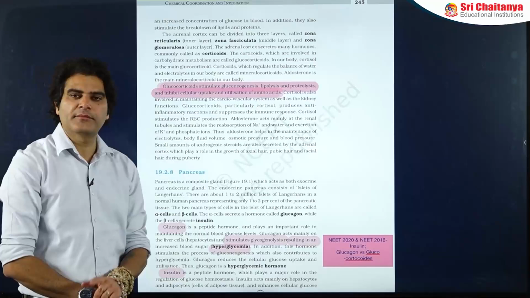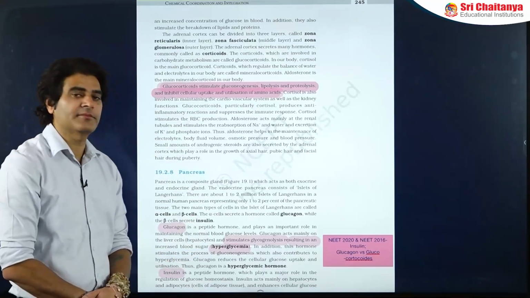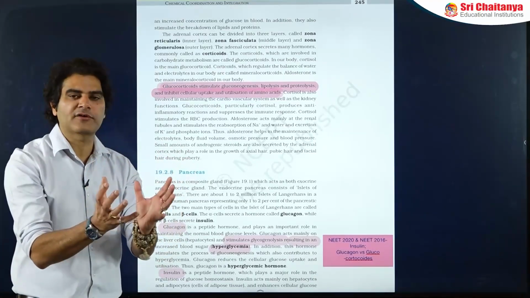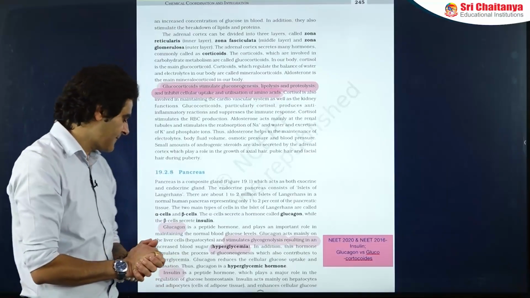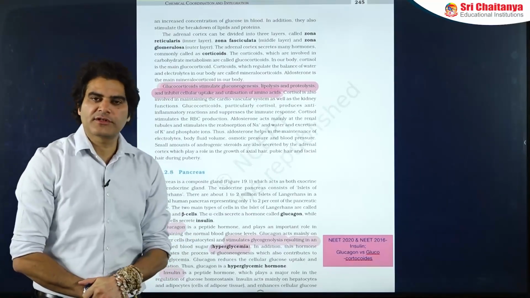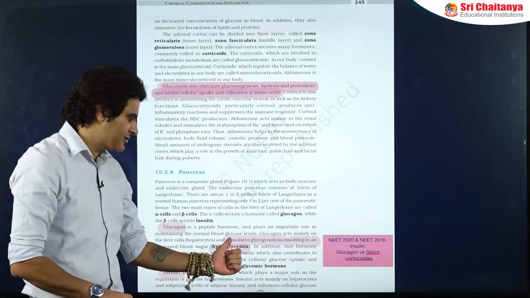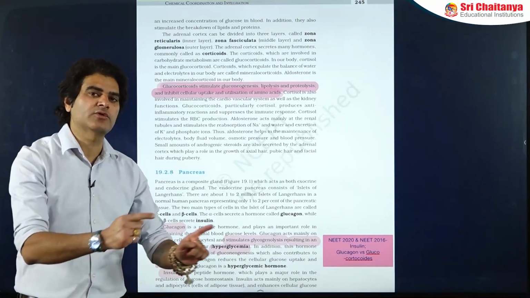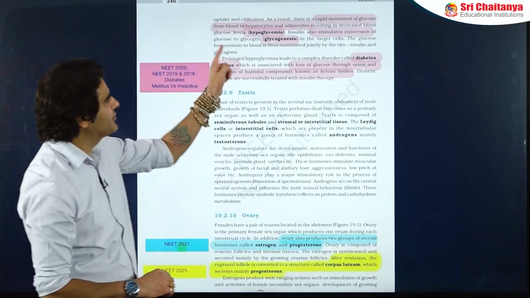Glucagon is the hormone from the alpha cells of the pancreas, while insulin is the hormone from the beta cells, where alpha and beta cells together make the part of the pancreas called pancreatic islets or islets of Langerhans. Insulin and glucagon are antagonistic pairs because glucagon stimulates glycogenolysis, the breakdown of glycogen into free glucose, while insulin does the opposite.